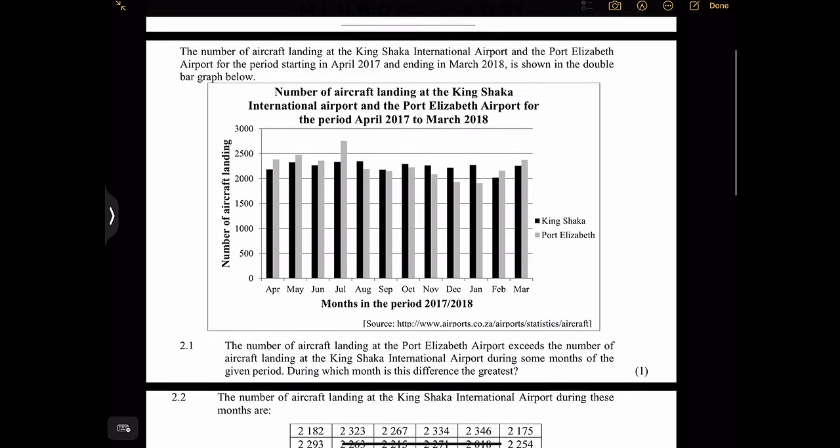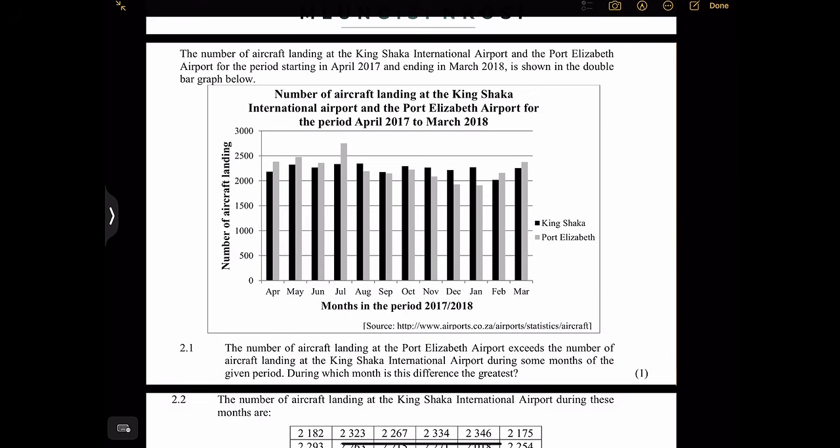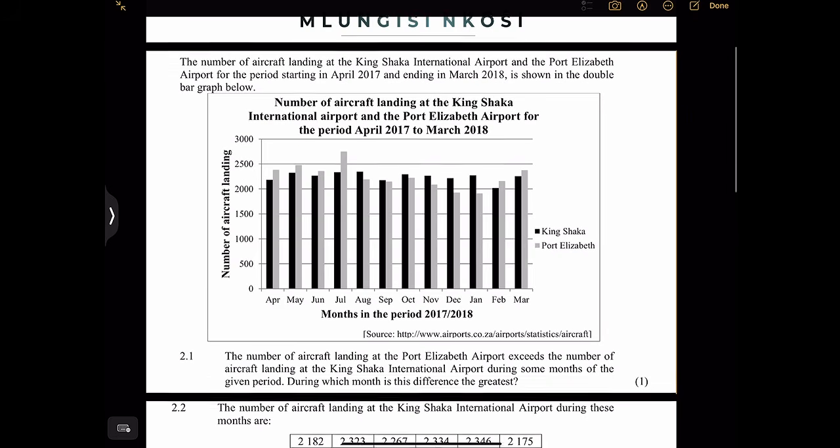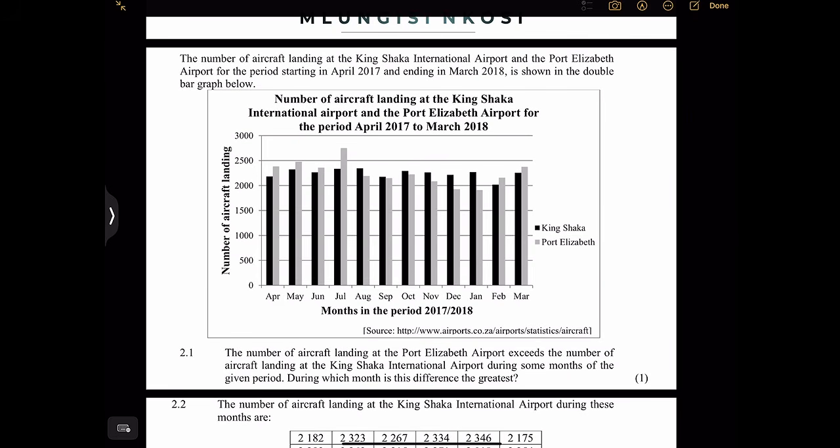Right, now please note, in this case, you are given a bar graph.